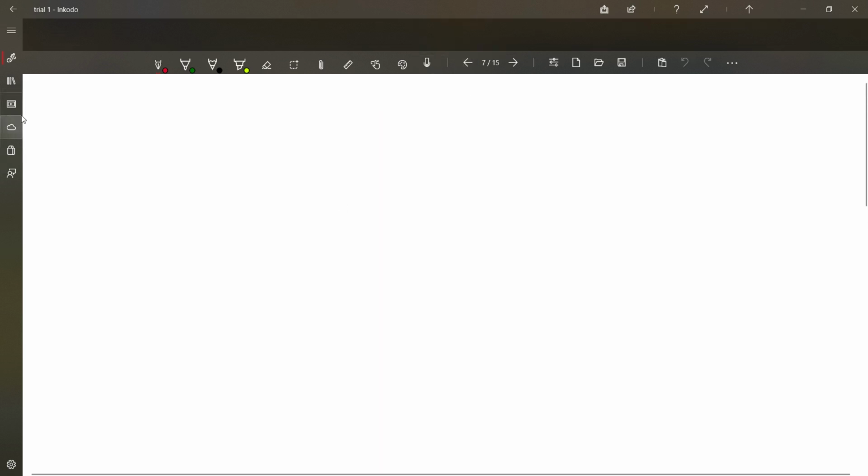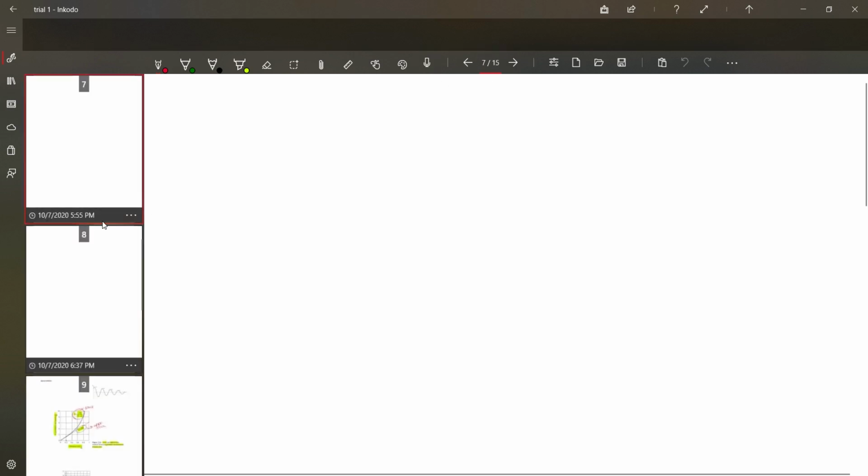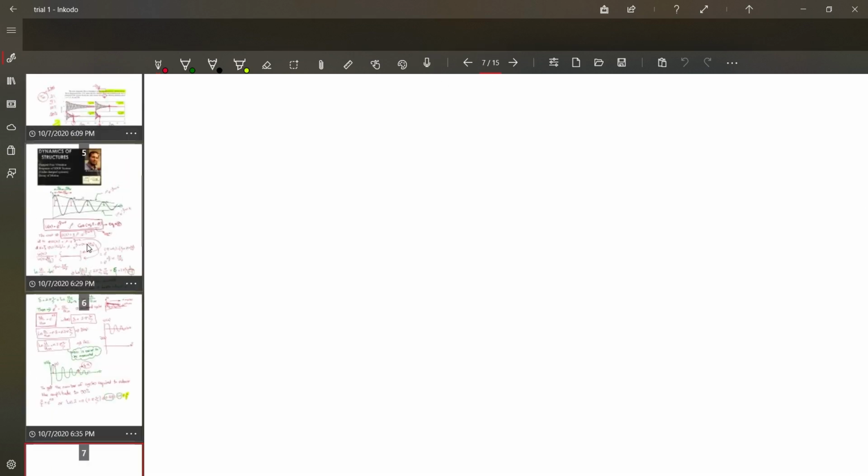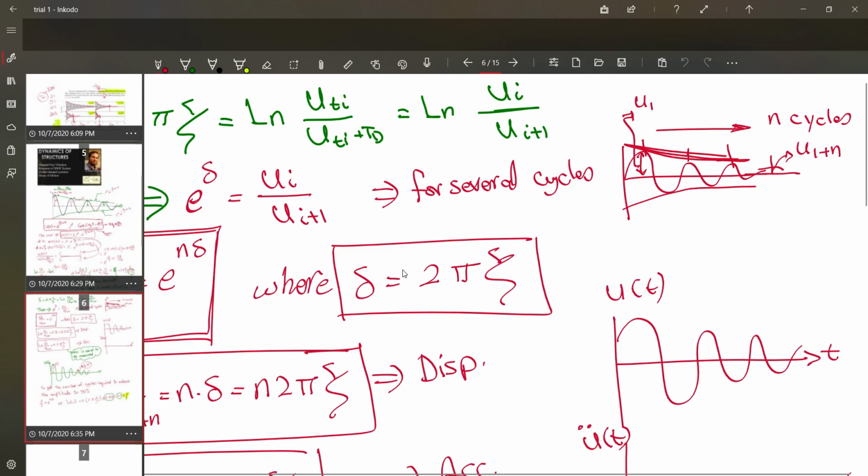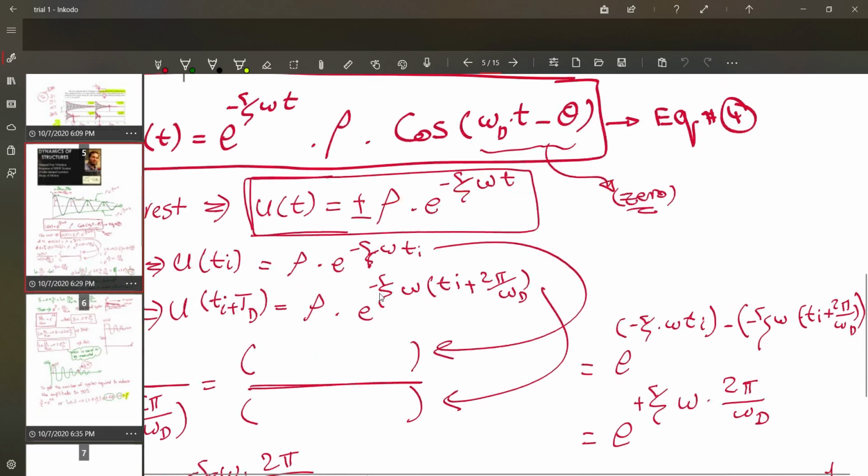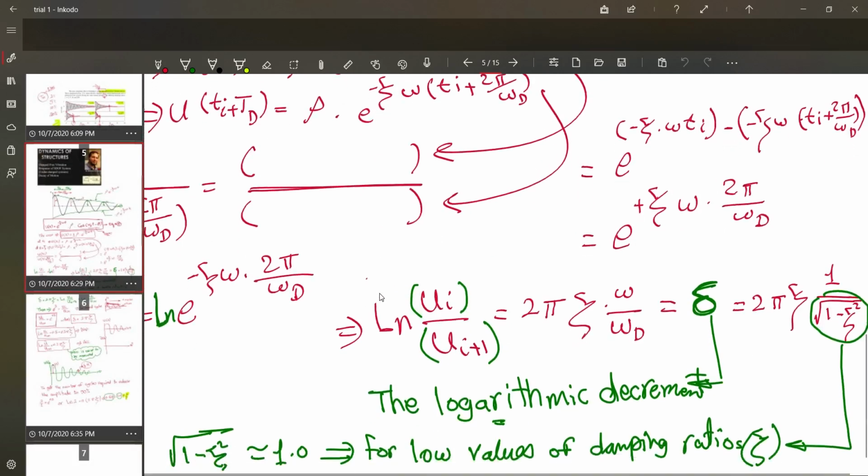Remember in the derivation, yes, I remember here, at this point we said that 1 minus psi squared under the radical is going to be almost 1. Actually there is some difference, but we say that it's almost 1.